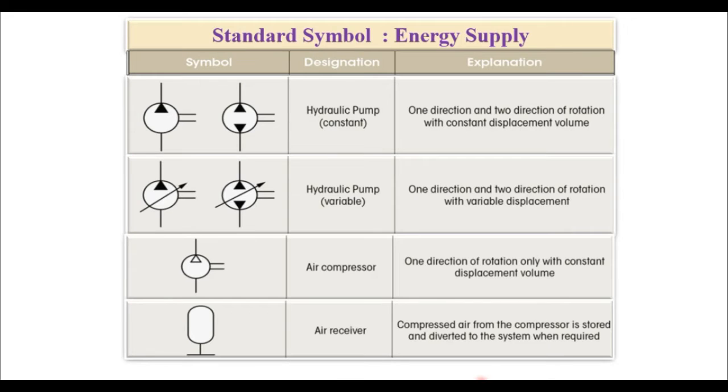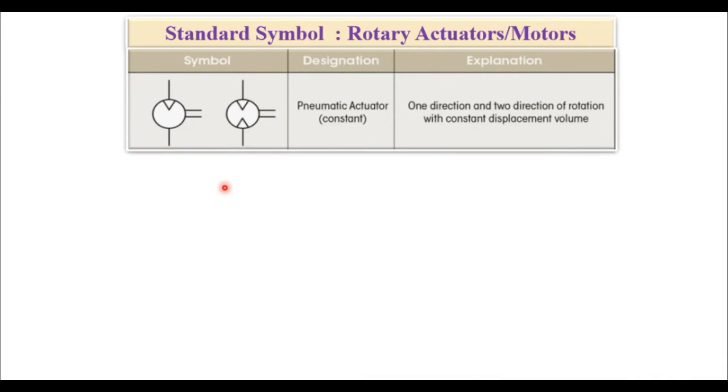In pneumatics we require a receiver tank, which can be shown by this diagram. Now for pneumatic actuators, please see that the triangle apex is inward, not outward. Inward means flow is coming from outside the component toward the inside, so that's why they are motors, rotary motors.